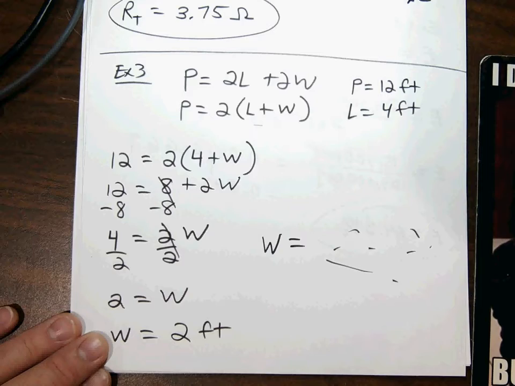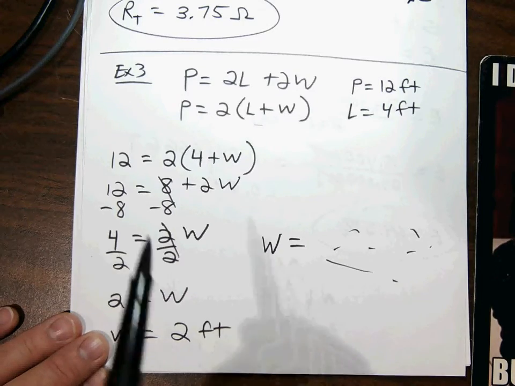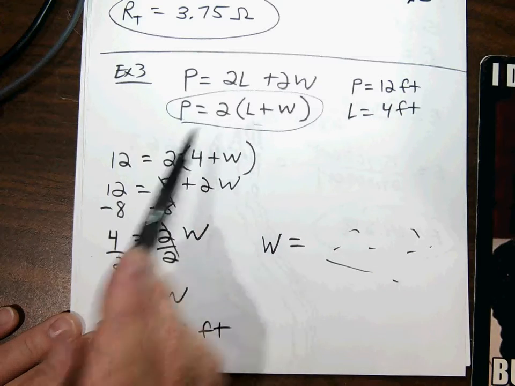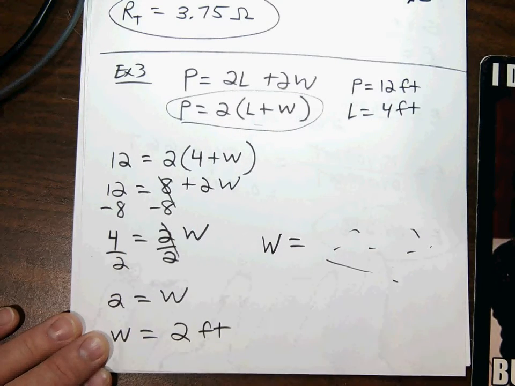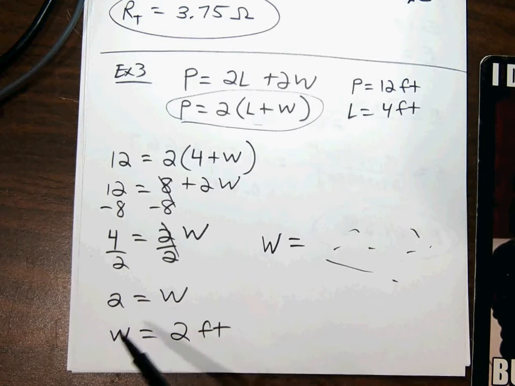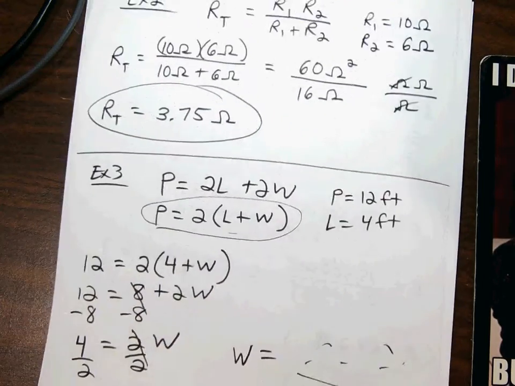Bunch of letters, no numbers. It'll just be a shuffling around of this formula and making it look different. Instead of P equals all that stuff, we're going to have W equals all that stuff. And then we could have, at that point, plugged in the information and found W. So we're going to practice our formula shuffling in the next video.